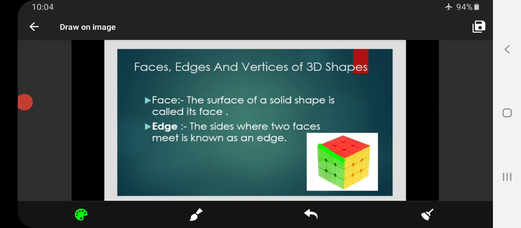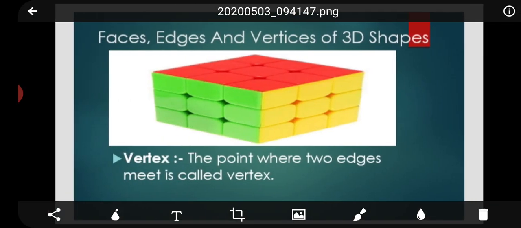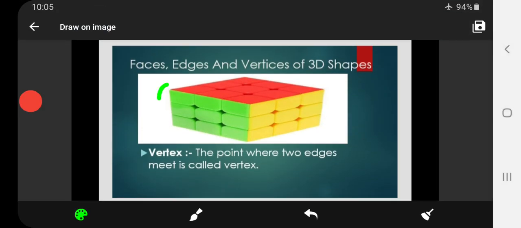The sides where two faces meet are called the edges. So the highlighted ones are the edges. Now what is a vertex? The point where two edges meet is the vertex. So these are our vertices, collectively we call them vertices.